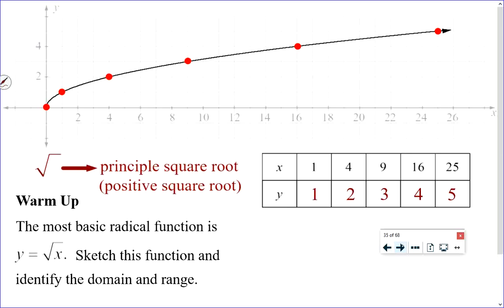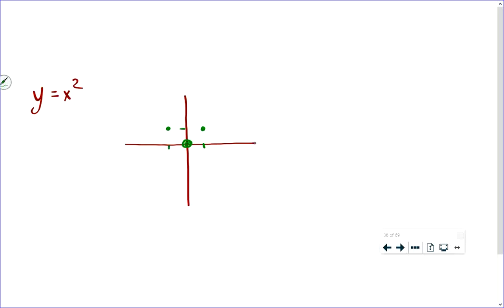So let me pause here for a second. Not only would I say that you need to know the general shape, you need to know specifics of it. So just like I hope you know that y equals x squared goes through the origin, and when you go over 1 on both sides, you go up 1.